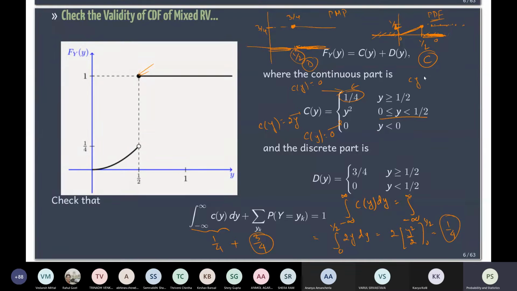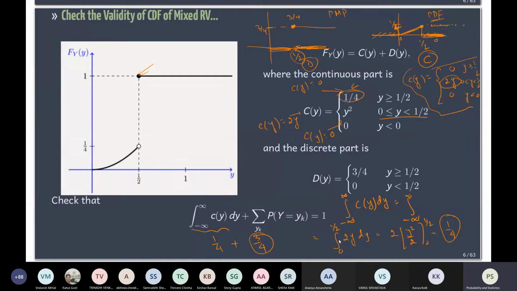Okay, c of y, I should have done this step before. So y equal to half, and this is 2y for 0 less than or equal to y less than half, and this is 0 for y less than 0. So this is what we have used here. This means the range is defined where the positive value is taken for the PDF.